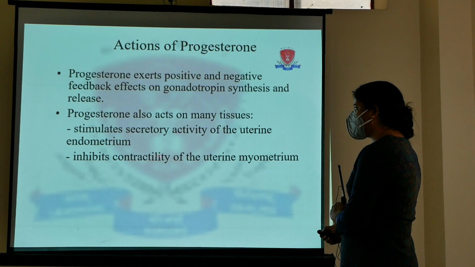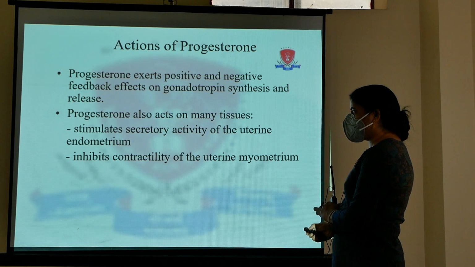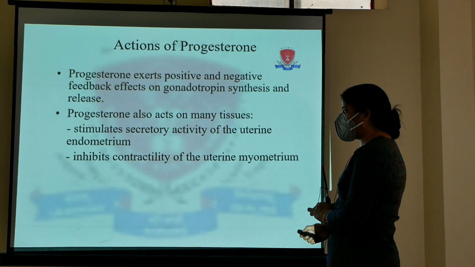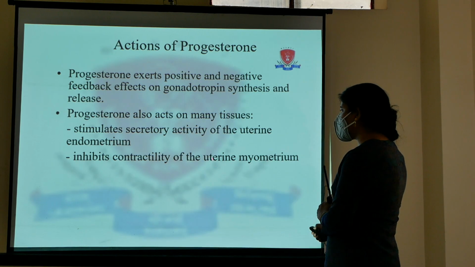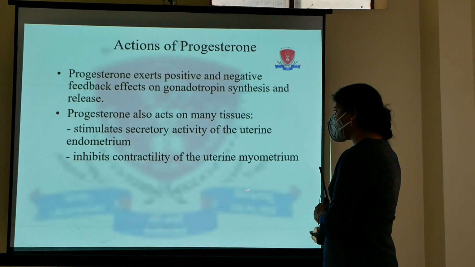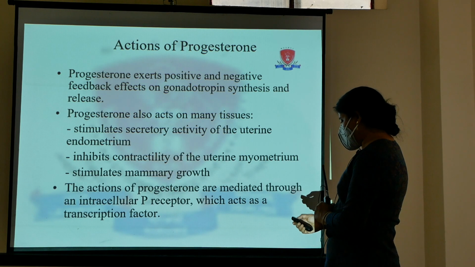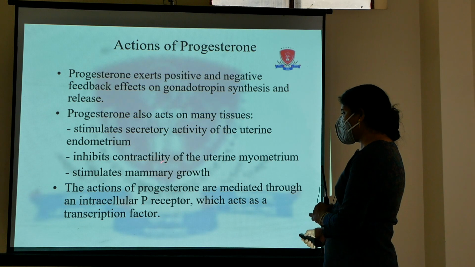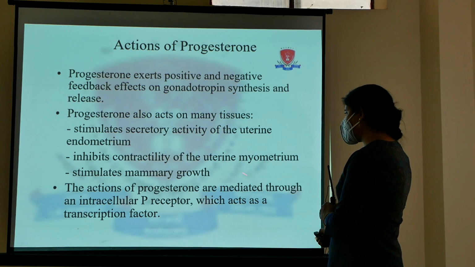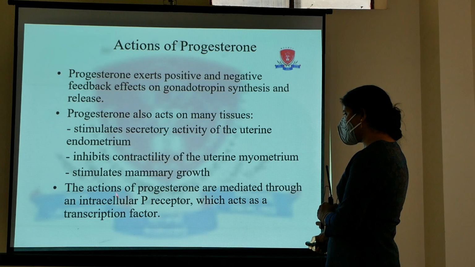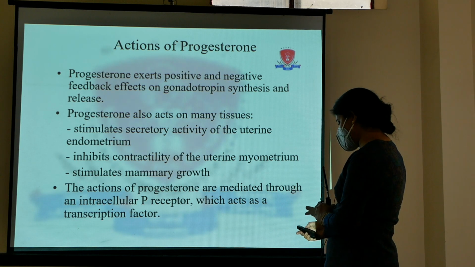It inhibits the contractility of the uterine myometrium because it is responsible for continuation of pregnancy, so it has to conserve the pregnancy. It stimulates mammary growth. Actions of progesterone are mediated through an intracellular progesterone receptor which acts as a transcription factor.